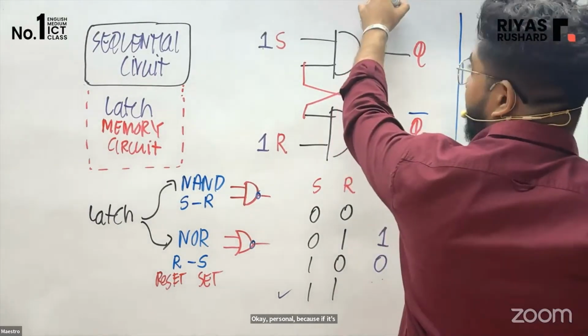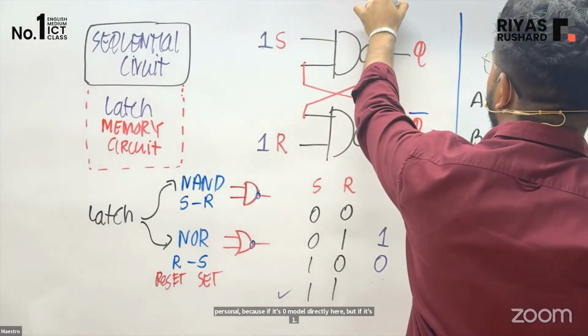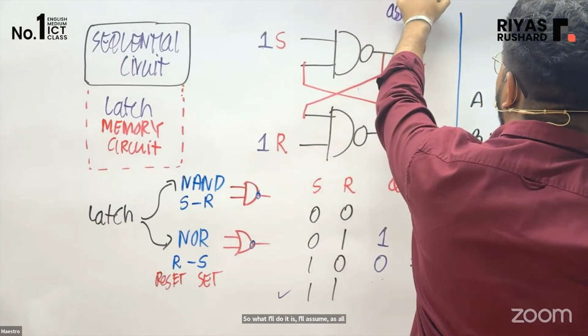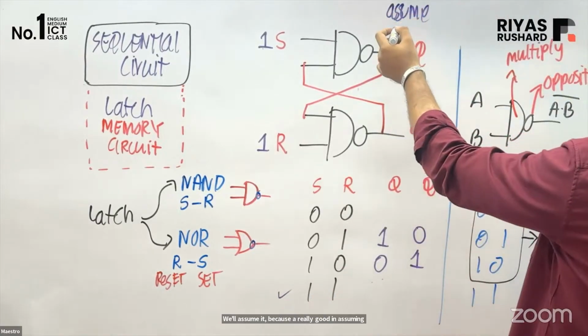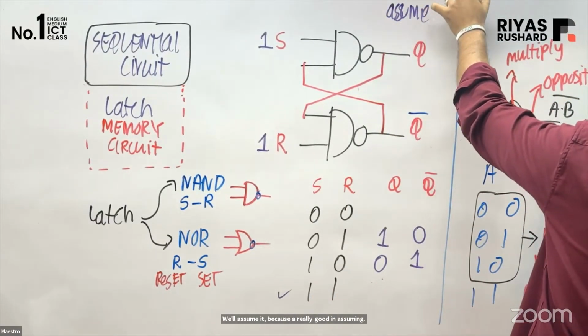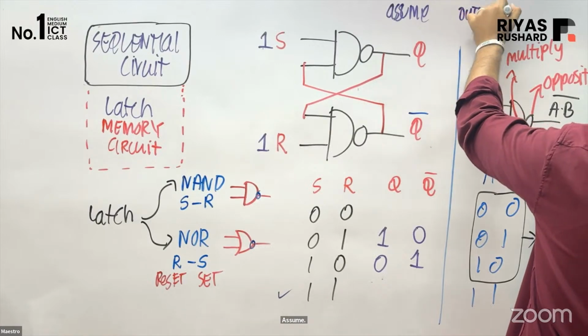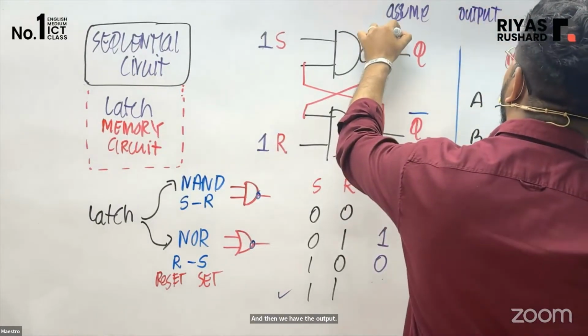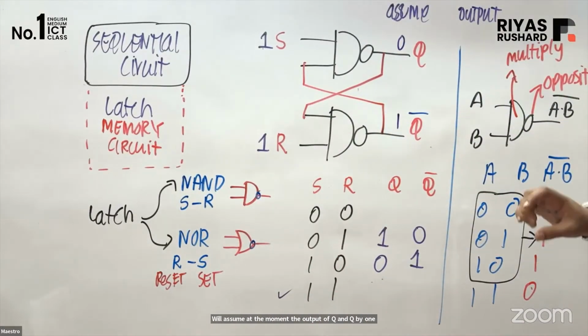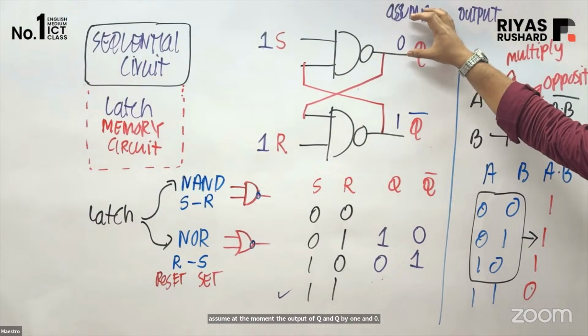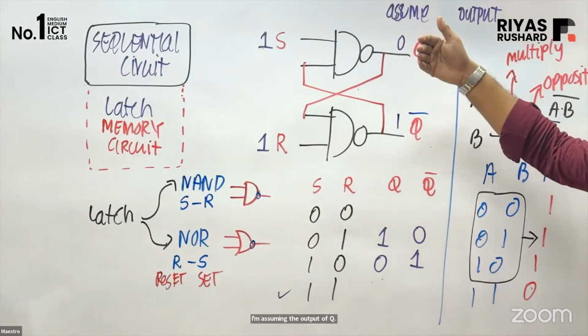So what I'll do is assume, as all these girls do. We'll assume it because girls are really good at assuming. Assume, and then we have the output. We'll assume at the moment the output of Q and Q bar is 1 and 0. I'm assuming the output of Q and Q bar because I can't perform this expression.